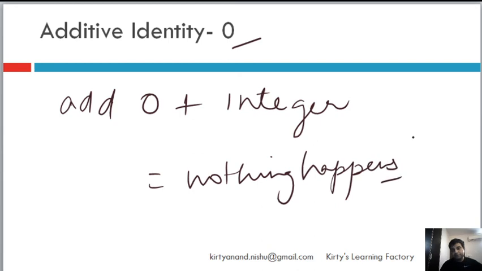That is what additive identity means. Multiplicative identity, I'm telling you right now, is the number which when you multiply with any number, nothing happens. That number is 1, right? Similarly for addition, you could also have called it the subtractive identity. You subtract 0 from any number, nothing will happen.